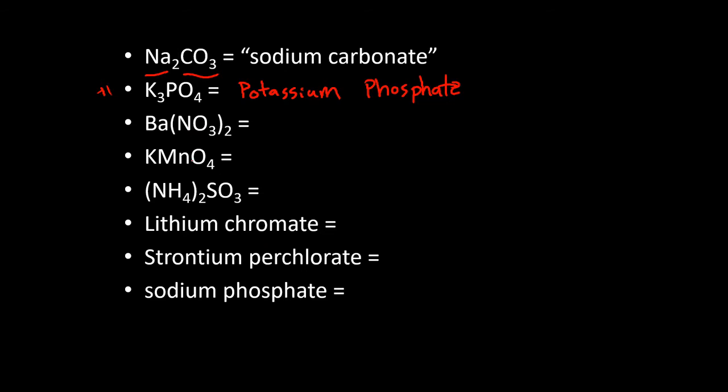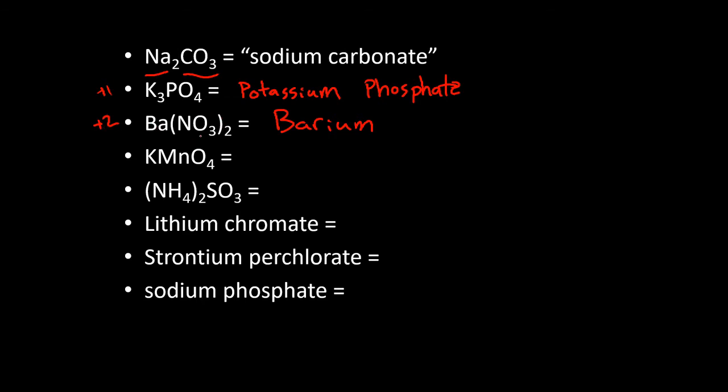So then the last one here I'm going to do with you, we have barium. Barium is in column 2, so we don't need Roman numerals for it. And then NO3, and that is NO3-, and I know that because barium in the second column is +2.